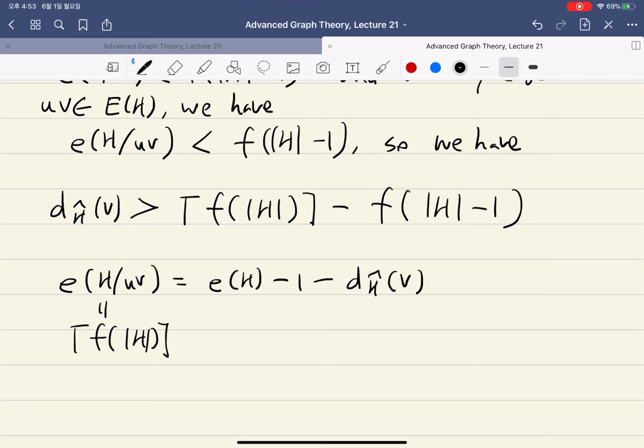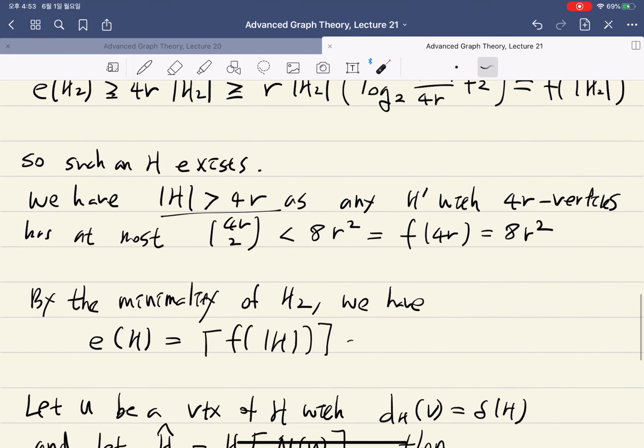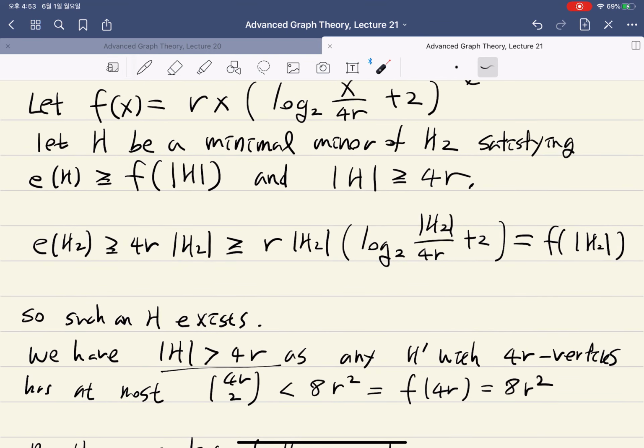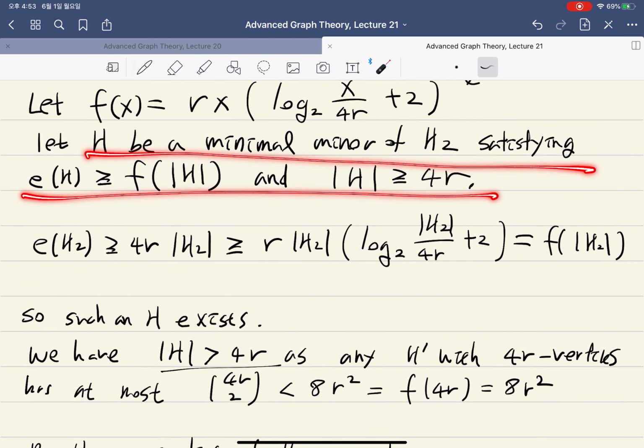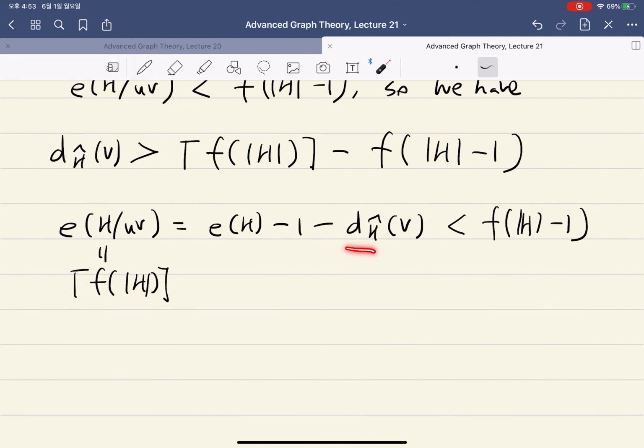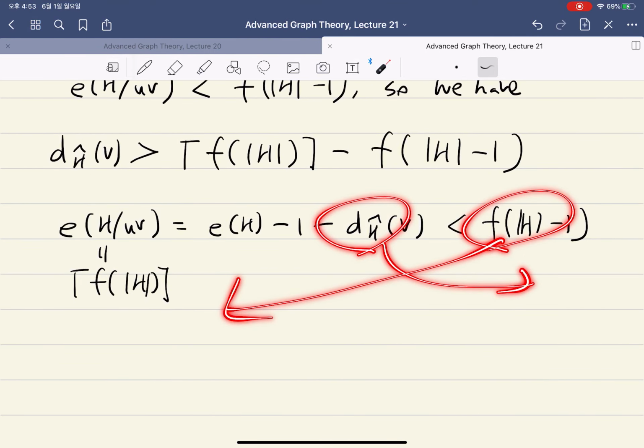And what's this? This is smaller than f of the size of H minus 1. Because otherwise we would have taken this graph instead of H for our minimum choice of H. So from here, you move this and then you move this.